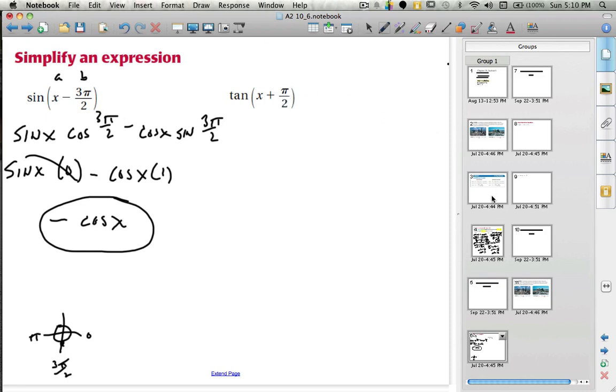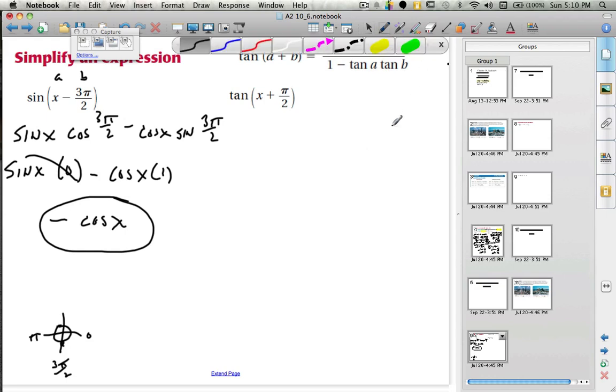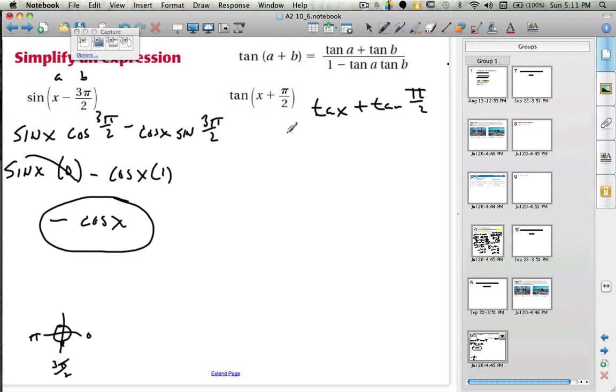We used one of those before, and there we go. So we can make sure that we don't get foolish here. All right, so the first thing I have is the tangent of a, so that's tangent of x, plus the tangent of b, tangent of pi over 2, all divided by 1 minus the tangent of x times the tangent of pi over 2.